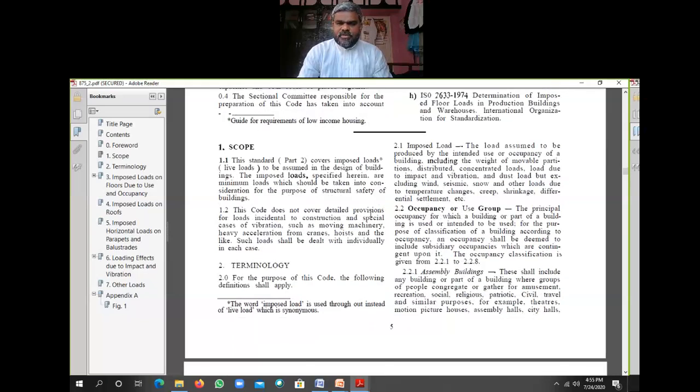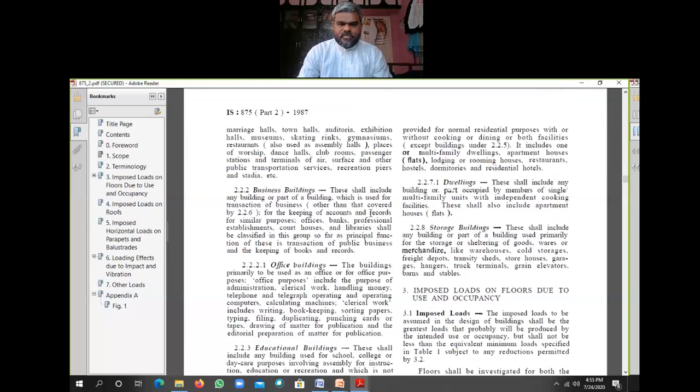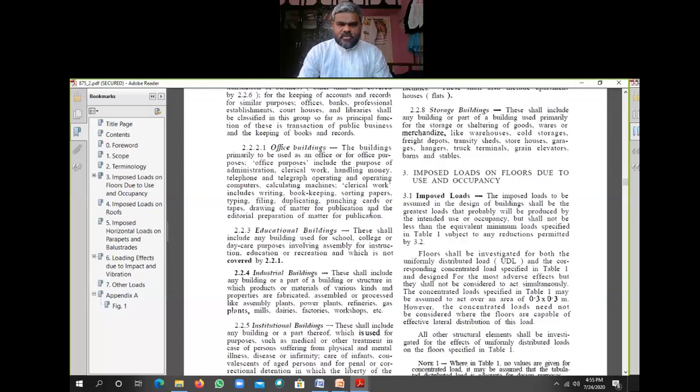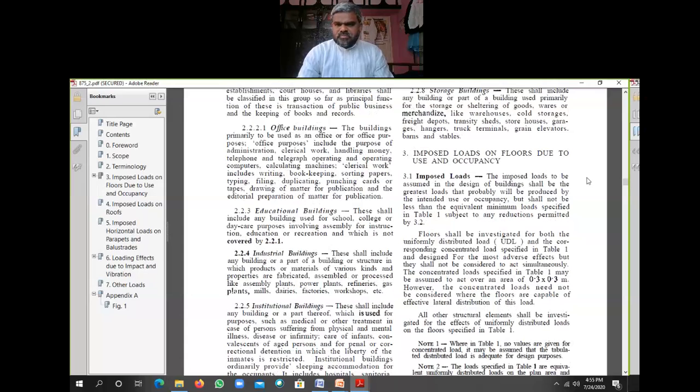These are the terminologies that we will consider in the values. Imposed loads to be assumed in the design of buildings shall be the greatest loads that probably will be produced by the intended use or occupancy, but shall not be less than the equivalent minimum load specified in table 1.